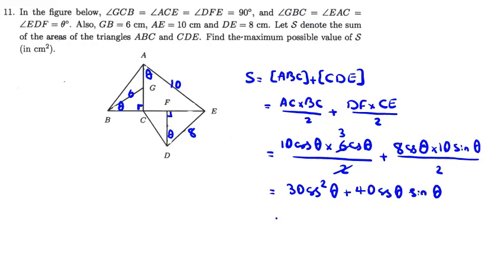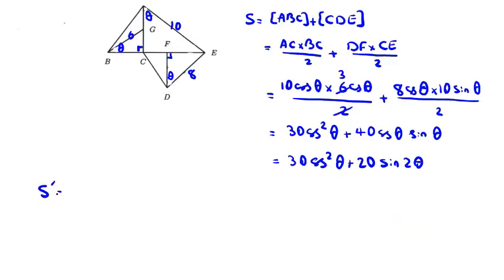Now I differentiate S. S prime will be 60 cos theta and negative sine theta plus 20 cos 2 theta times 2, and then it equals 0. So here it will be what?